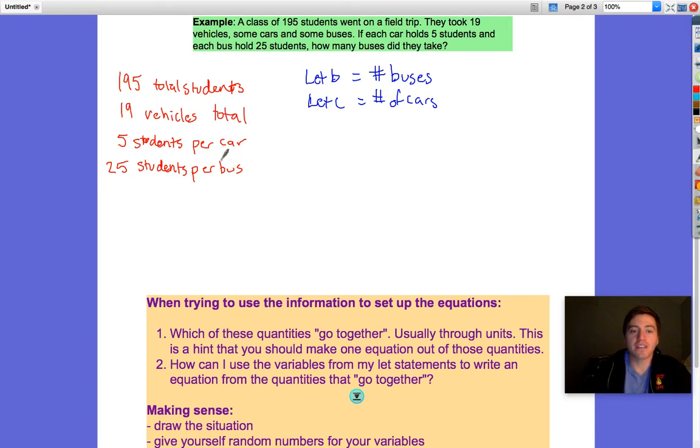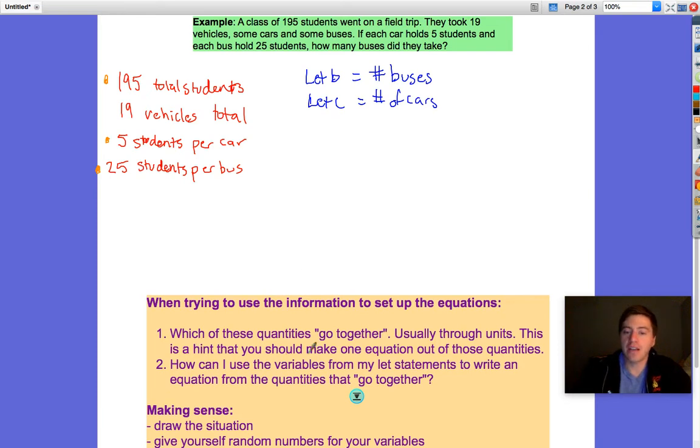I see 195 total students, 19 vehicles, 5 students per car, 25 students per bus. There are 3 that really stand out: this is talking about students, this is talking about students, and this is talking about students. That's a really good hint that those are going to be part of one equation.